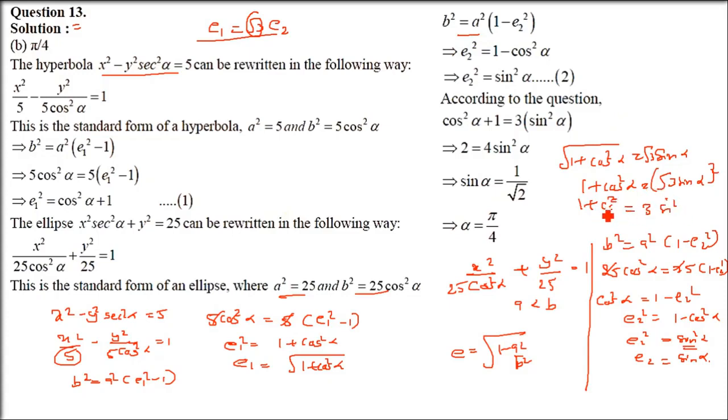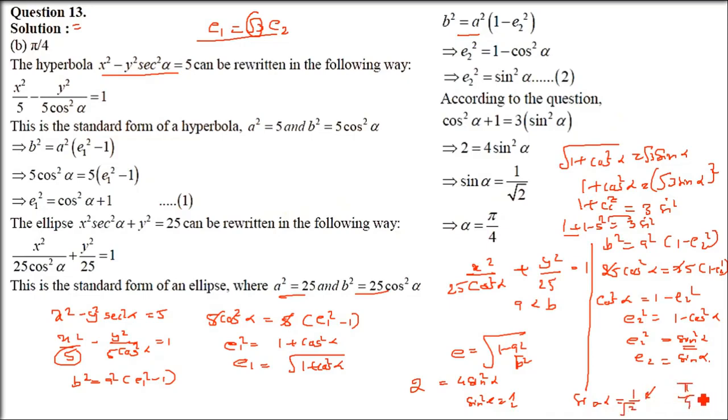Now you can write cos square as 1 minus sin square. So 2 minus sin square alpha is 3 sin square alpha. Taking sin square alpha to the right hand side, it will be 3 sin square alpha plus sin square alpha, that is 4 sin square alpha. So 2 equals 4 sin square alpha, so sin square alpha will be 2 by 4, that is 1 by 2. Sin alpha is under root 1 by 2.